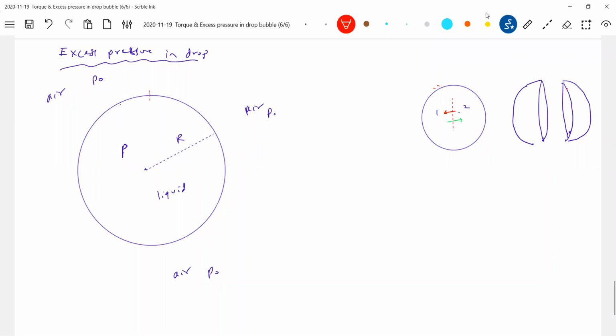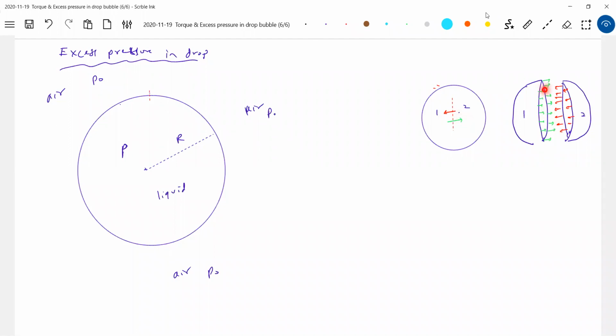The red arrows you have to show on the right half of the lemon, and similarly on the left. What we are actually doing is drawing a line: the left half will be trying to pull the right half, and the right half will be trying to pull the left half. The force due to surface tension should be tangential, everywhere like this.